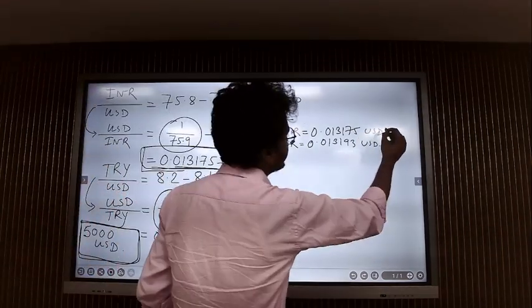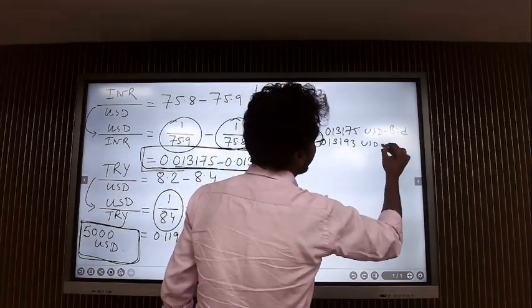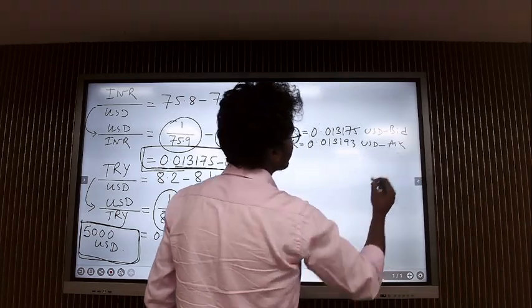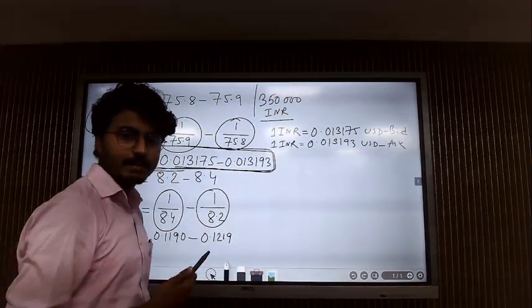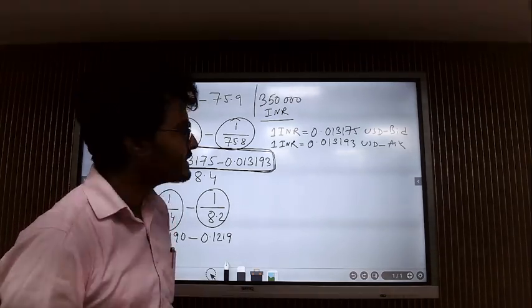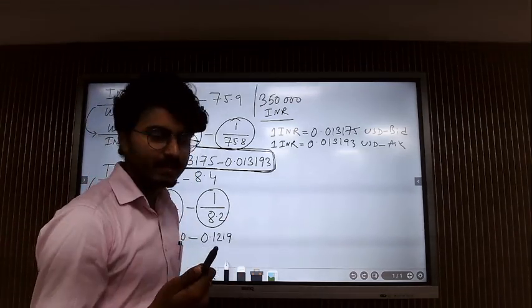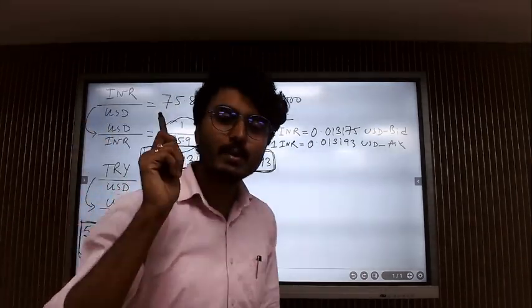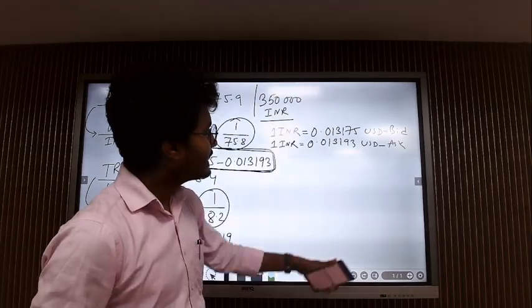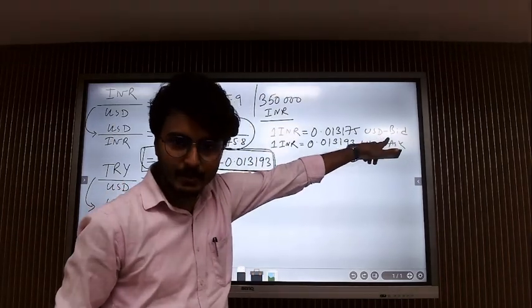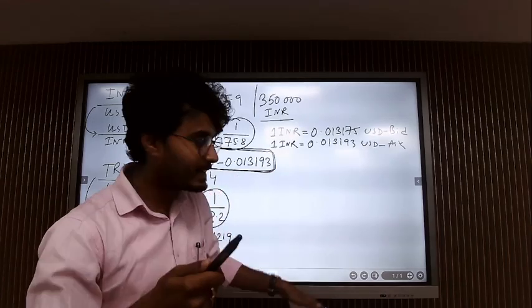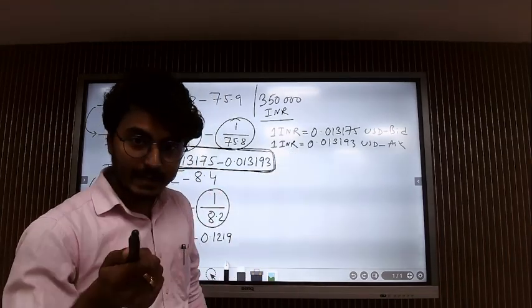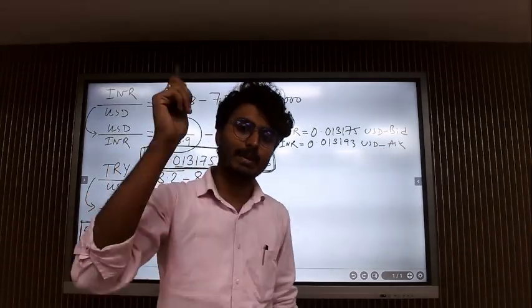So this is bid and this is ask. But these two rates are for the seller. So when the seller buys INR, then the bid rate will be applicable. When the seller sells INR, then the ask rate will be applicable.